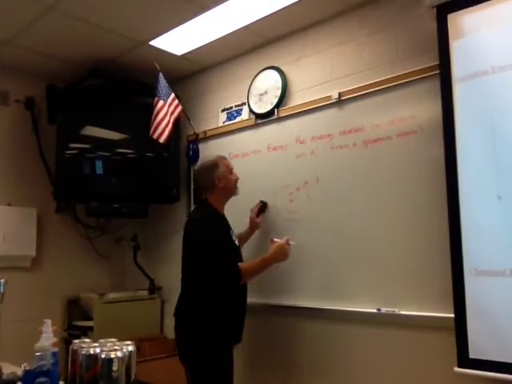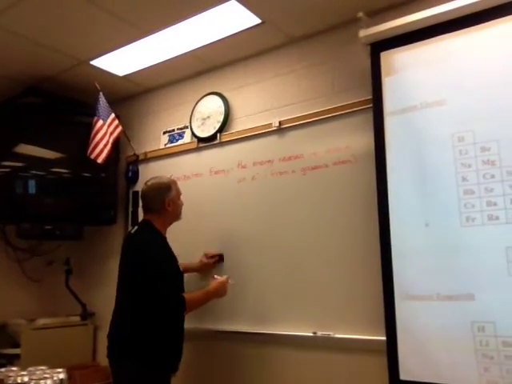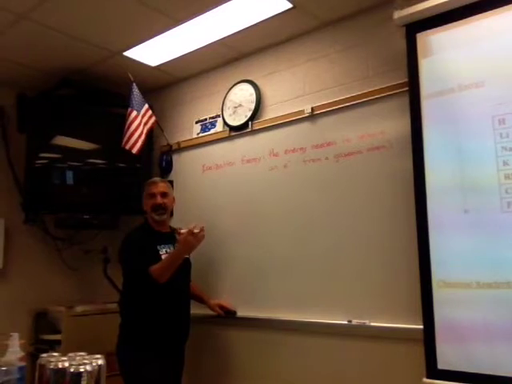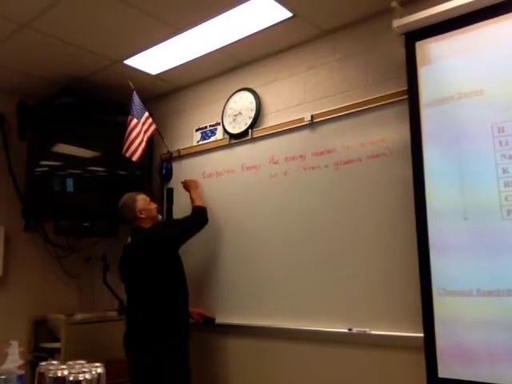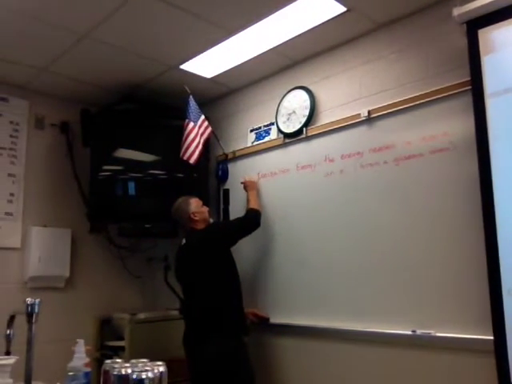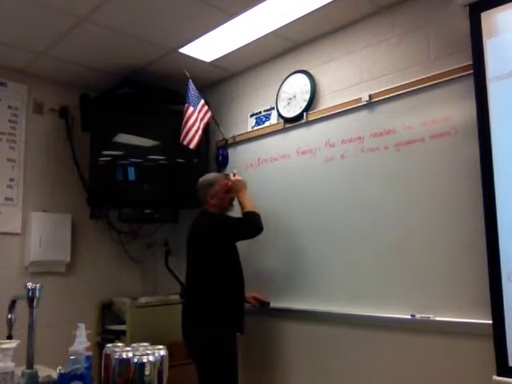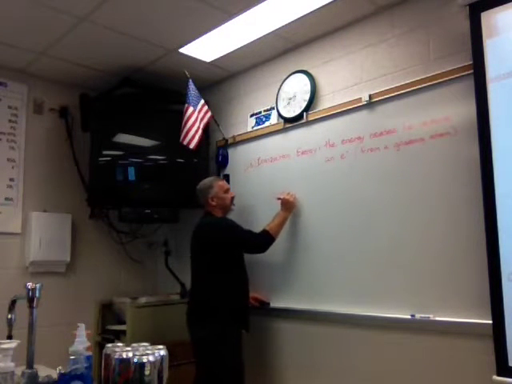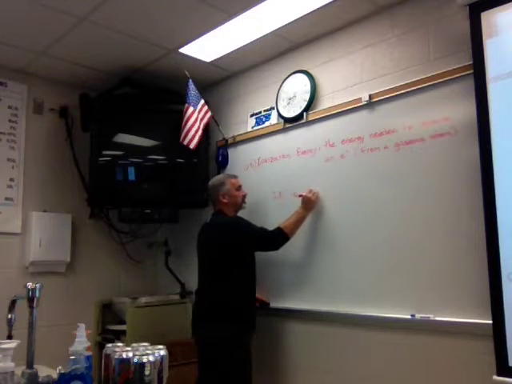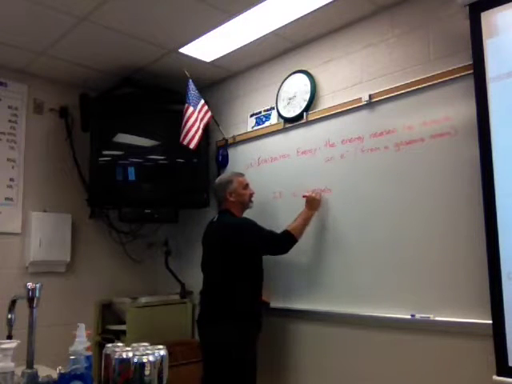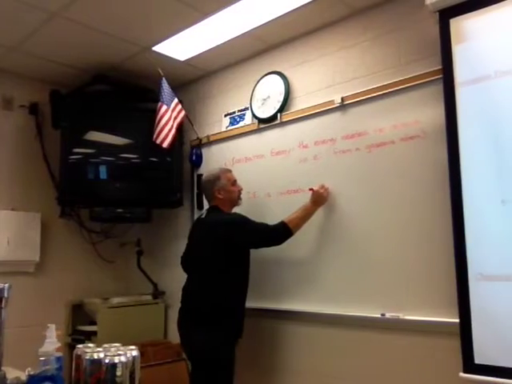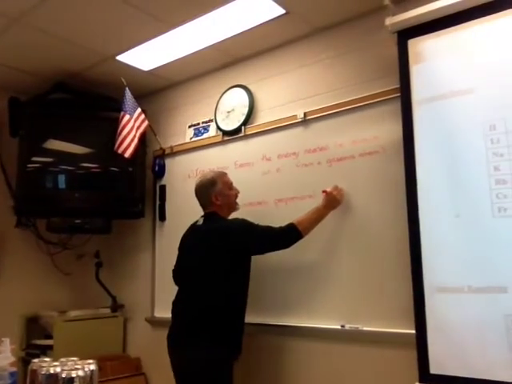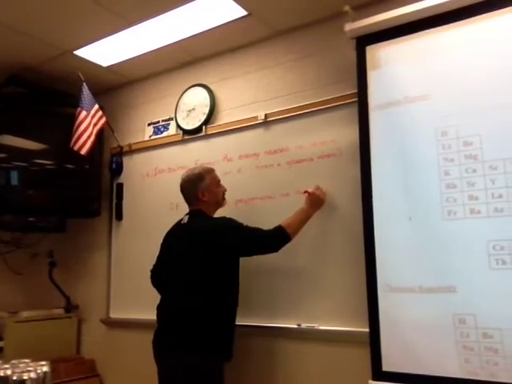So as you go down, this energy, ionization energy, is inversely proportional to the size of the atom. Okay, I'm going to call this IE because I don't like writing it out every time. So the ionization energy is inversely proportional to the size of the atom.